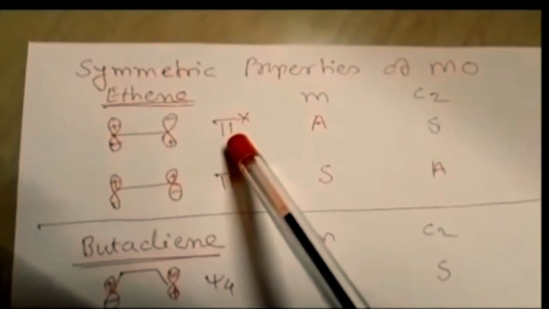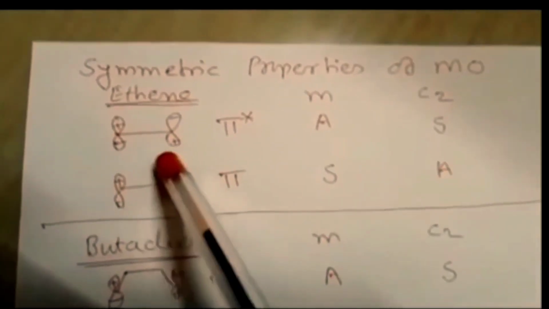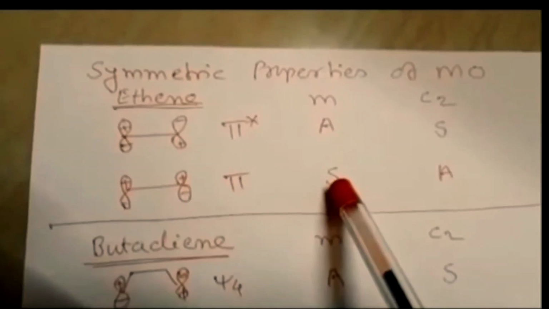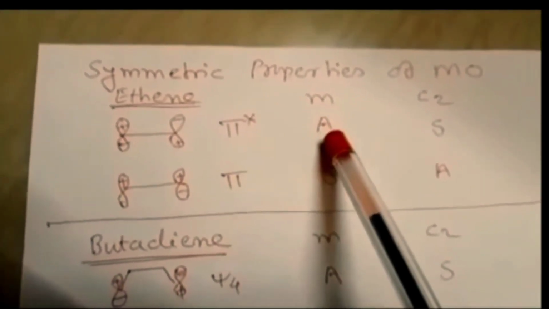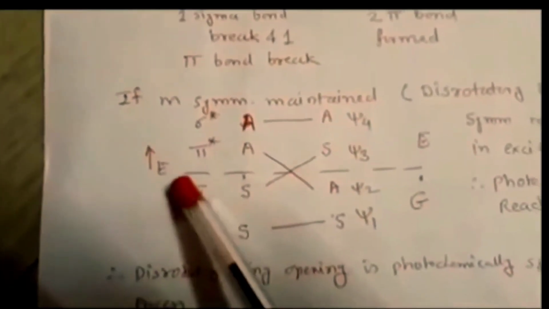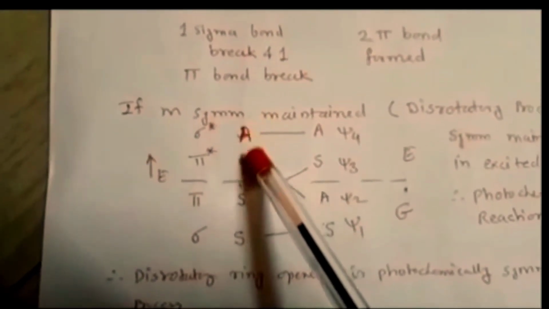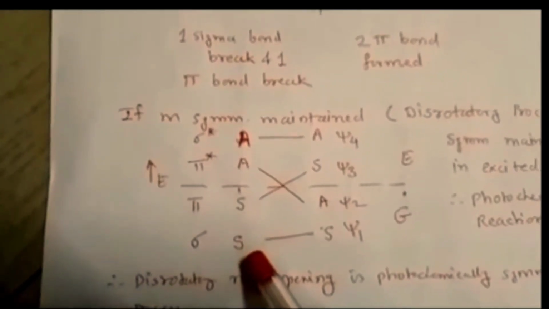With respect to mirror plane symmetry, if we place a mirror here, then pi is symmetric, whereas pi star is antisymmetric. So these are the symmetry properties of the molecular orbitals, that is sigma, pi, pi star and sigma star, with respect to the mirror plane. Now, there is formation of 2 pi bonds, so let us discuss now the symmetry of psi1, psi2, psi3, psi4.